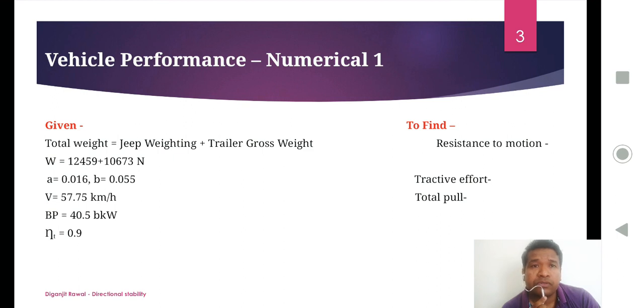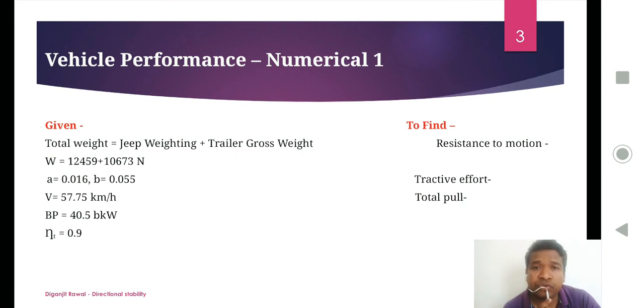we have to check what is given and what is to be found out in this numerical. So here I have explained the given: the total weight is equal to Jeep weighing plus trailer gross weight. So we know the value of Jeep weighing and the trailer gross weight. So W is equal to 12,459 plus 10,673 Newton. We also know the value of small a and small b.